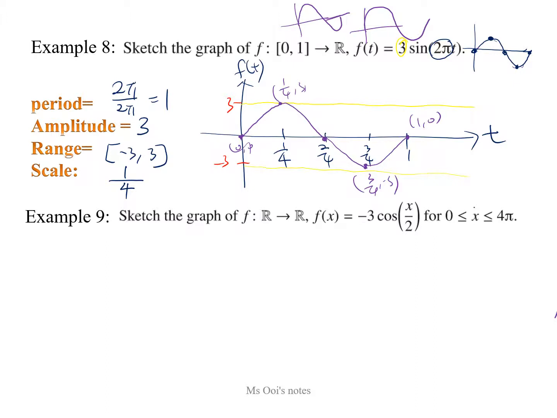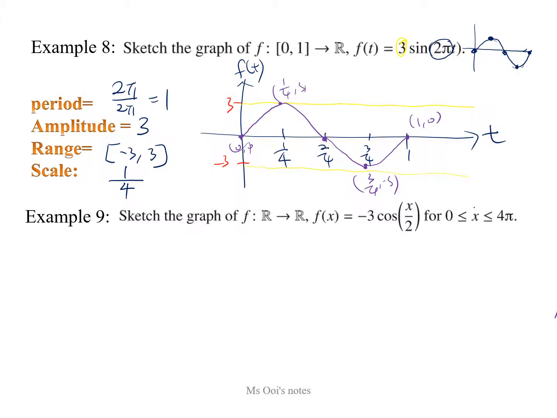So you must have a nice smooth curve. I'll be checking your homework and make sure that you got a good graph. Okay, let's move on to example 9.